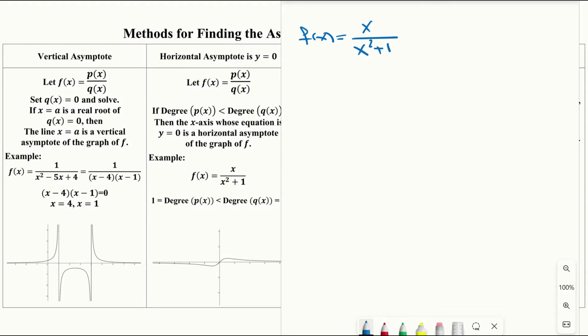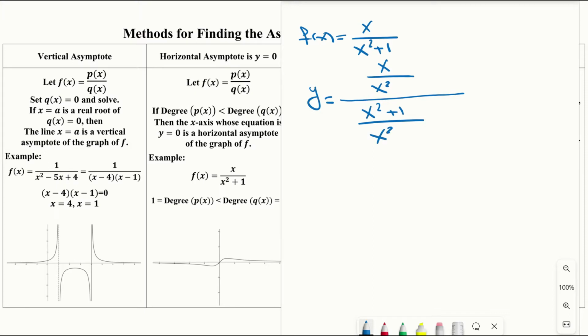What we're going to do is divide the top and the bottom of this rational function by the highest power of x that we encounter, which is x², of course, in this case. So let me replace the f(x) with y for simplicity, and we'll go ahead and divide the top and the bottom functions by x², x².